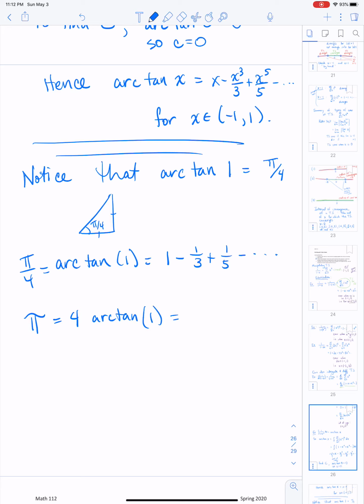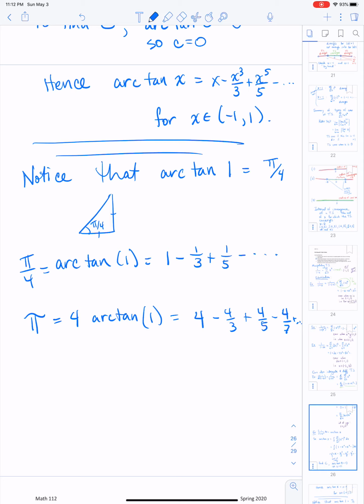And so there we have 4 minus 4/3 plus 4/5 minus 4/7 plus ... Okay, so here's a series representation. So pi is actually equal to this. And notice this is an alternating series, and the terms go to 0. We know it's a converging series because we have shown that this should converge.